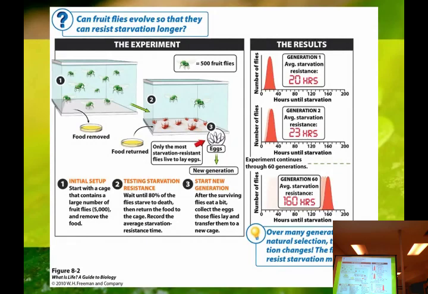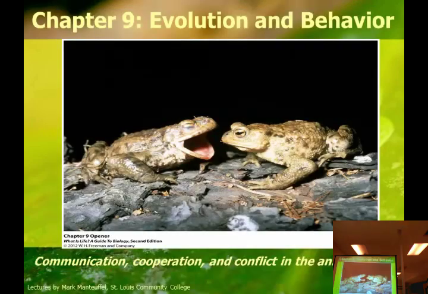The grass in the golf course is very different at the end of the experiment than at the beginning. And the staph that they had at the beginning is very different than the staph that we have today. And so we've seen lots of different populations that have evolved, some over long periods of time and some over very short periods of time.